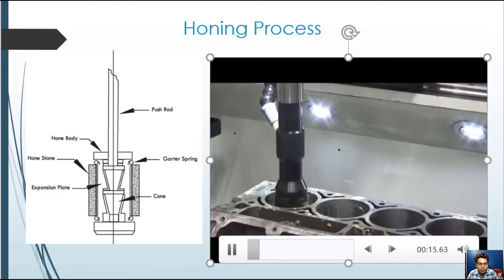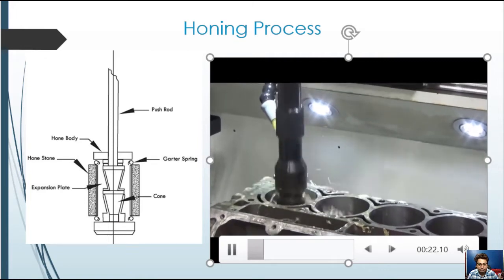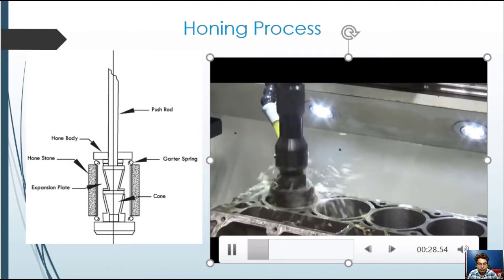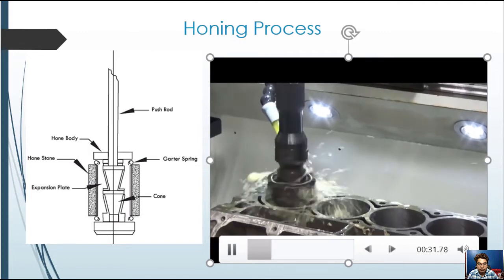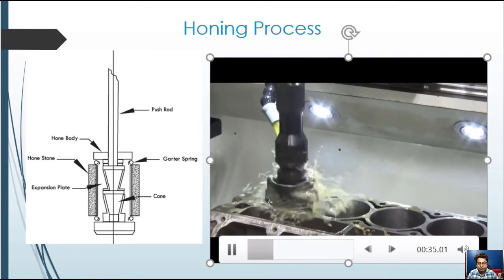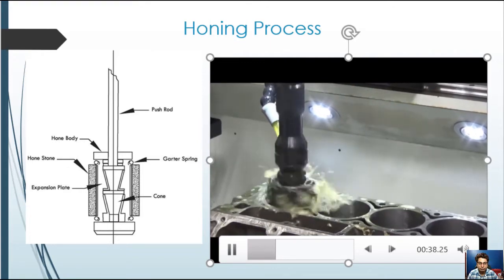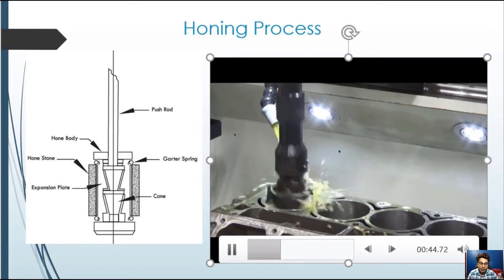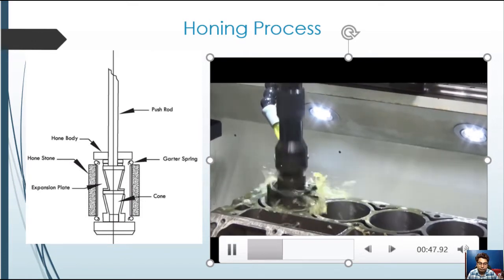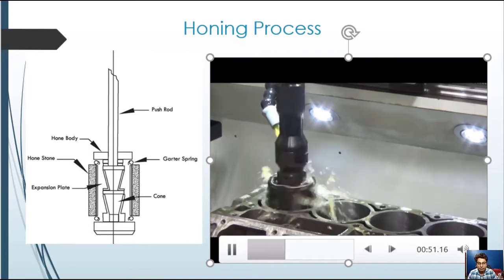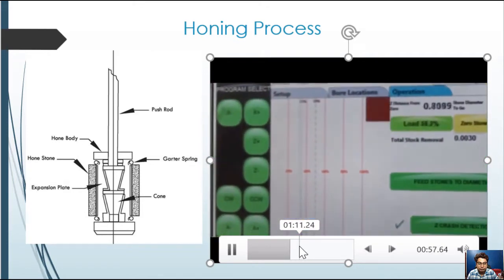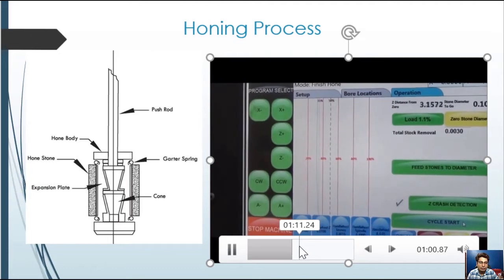As you know, the process requires high surface finish. This is the control of the CNC of the honing machine.